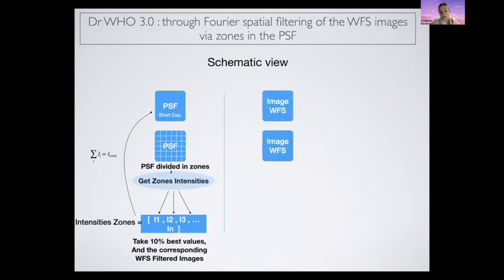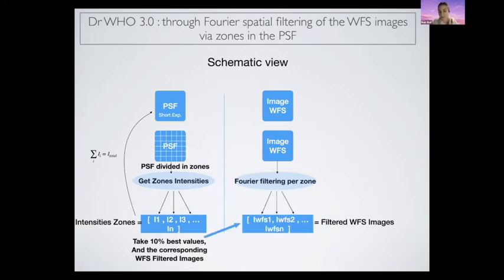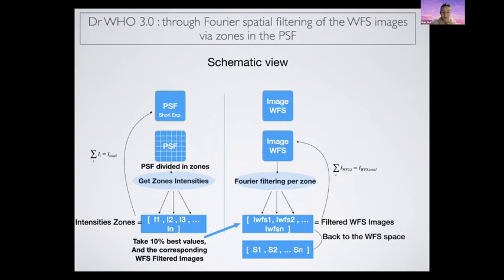How we do that: we look at the wavefront sensor images independently. We go through a Fourier filtering per zone. Again, that gives us as many filtered images as there are zones. Out of those filtered images, we look at the ones corresponding to the 10% best values, and we go back to the wavefront sensor space, and that gives us the resulting slopes.